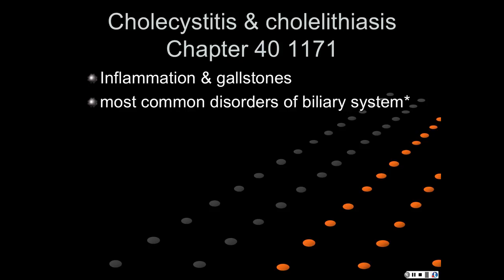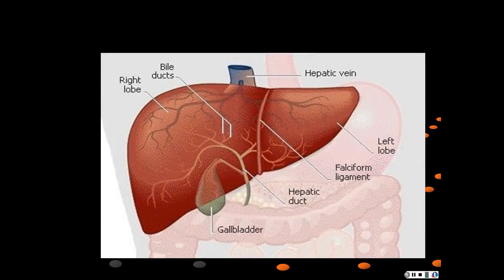Okay. When we're looking at the liver, hepatitis, pancreatitis, cholecystitis is more common than any of those. And just the diagram there of the liver and the gallbladder.